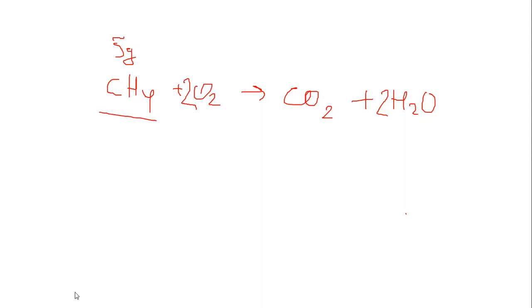All right, and we produced, let's say, 11 grams of CO2. So the question is that we are given 5 grams of methane, and we produced 11 grams of CO2. What is the percent yield?